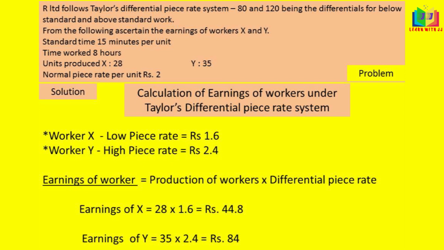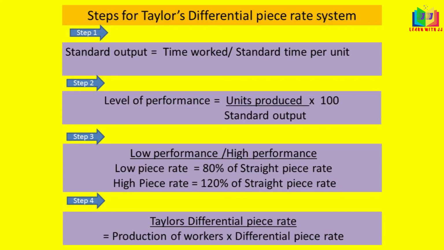Once again I'll repeat. In order to calculate this differential piece rate system, first you need to know the standard output, because using that standard output only you will calculate the level of performance. If the performance level is less than 100%, only the low piece rate will be paid. If the performance is more than or equal to 100%, the high piece rate will be paid.